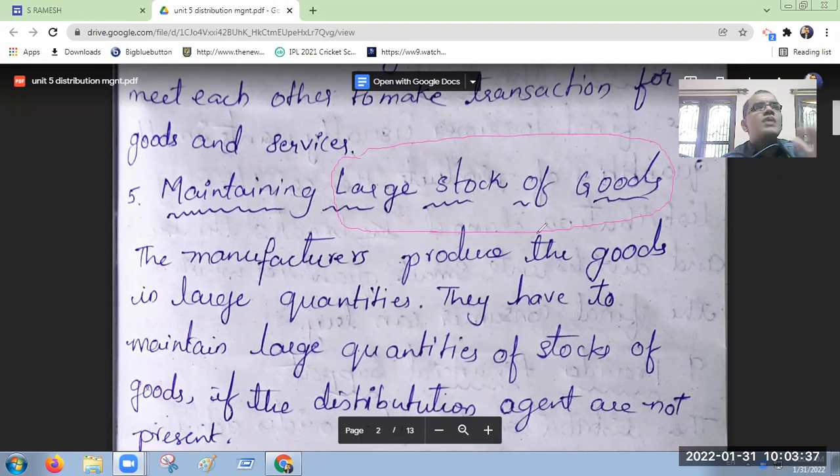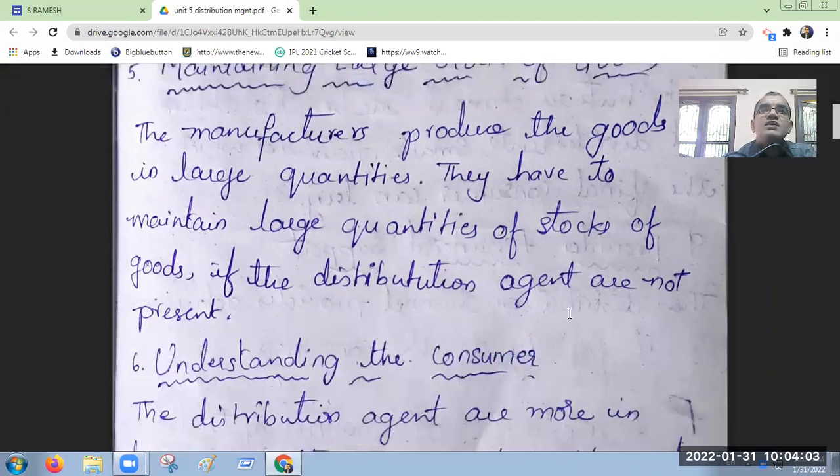It will go in a smooth manner to the customer. Immediately after the production is over, goods will be shifted to the agent, from agent to wholesaler, from wholesaler to retailer, from retailer to ultimate customer. So channel of distribution management is very key in seeing to it that the producer need not maintain large stock.